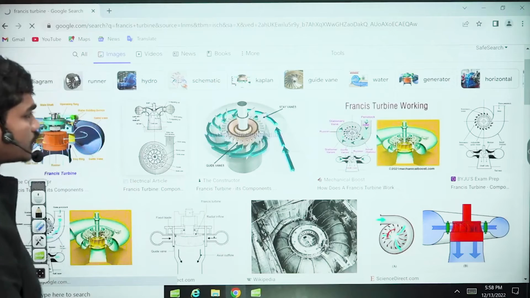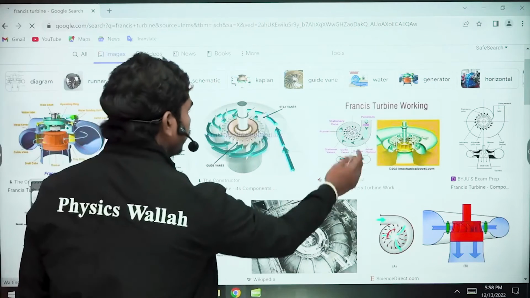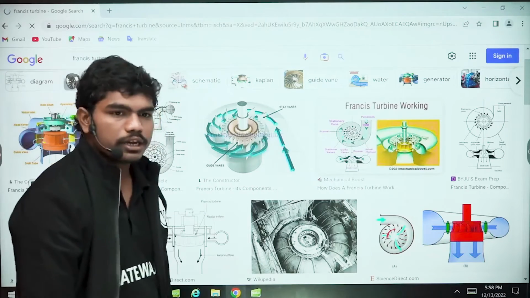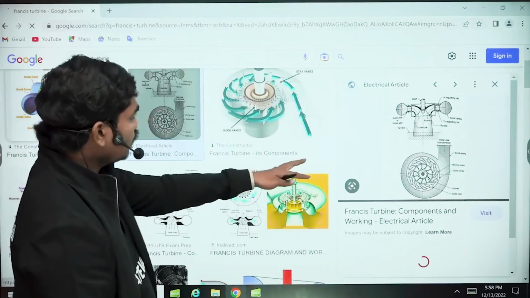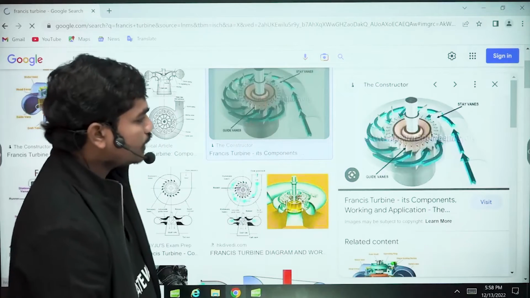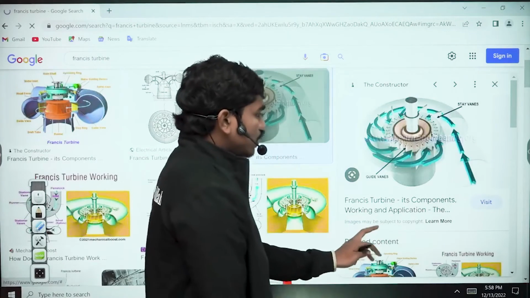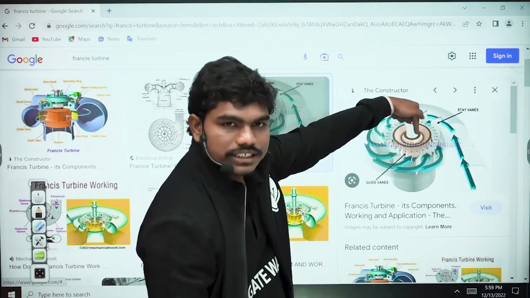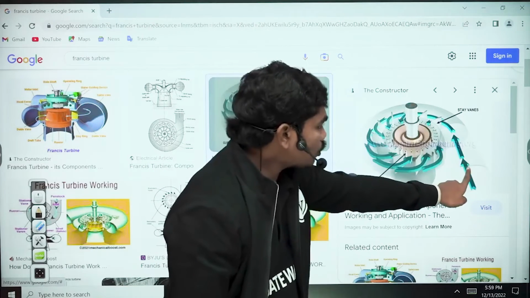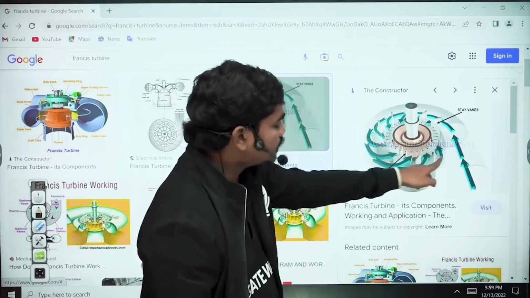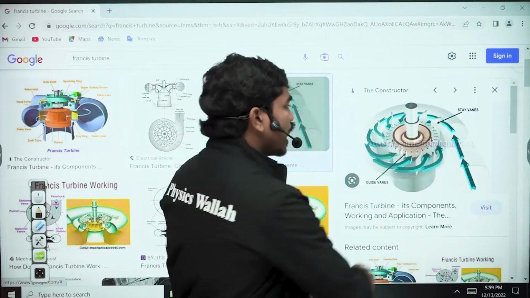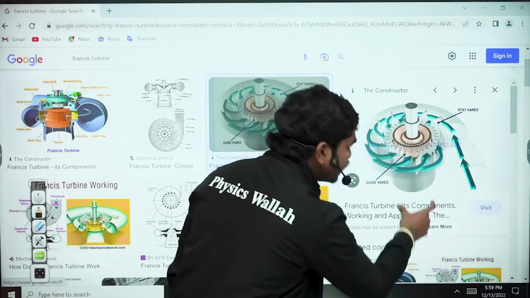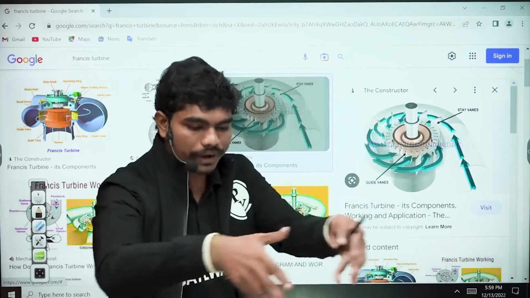Now if you see this Francis turbine working, my intention is to tell you one thing. If you see this example, which is given in a good way, from the center of the axis the inlet is at a higher radius, and the fluid slowly enters through the spiral casing and falls into the radial opening that is present.